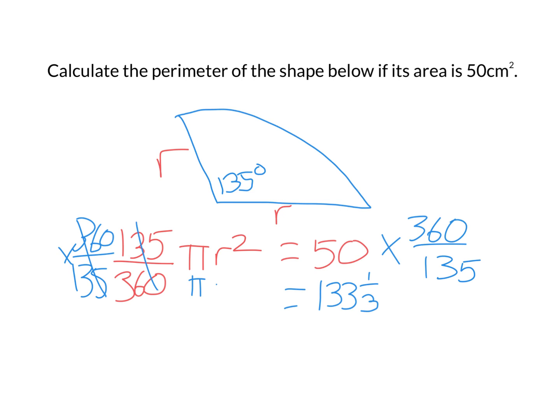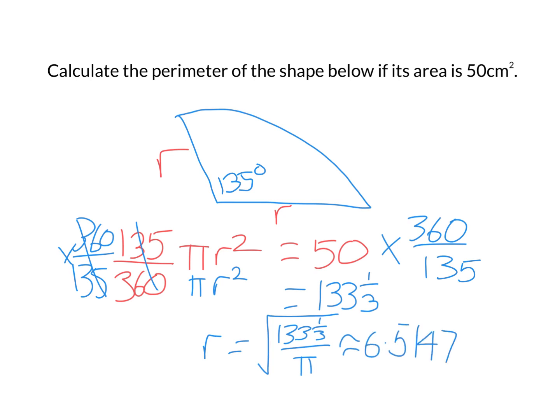So now what we want to do is get r by itself. So we're going to divide by pi, and then what we need to do is square root both sides to get from r squared to r. And if you put that on your calculator, we get r is about 6.5147.